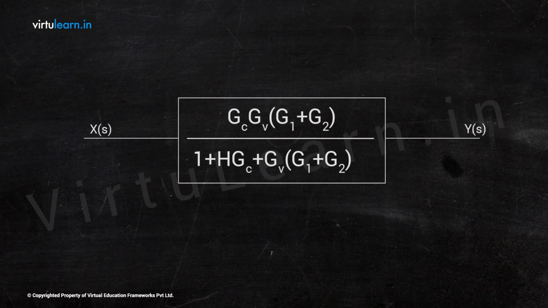Now it looks very simple because I already have one internal loop, and I can reduce it, which is a negative feedback. So it gives us G1 by 1 plus G1, G2.